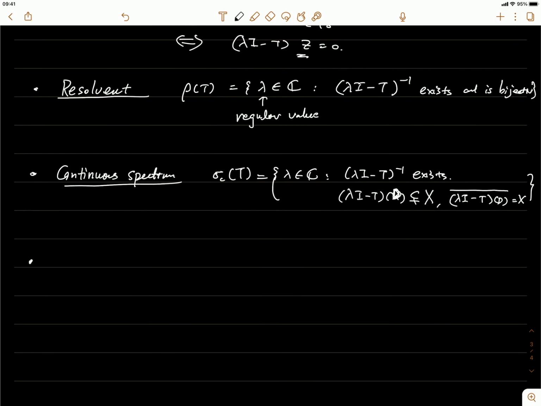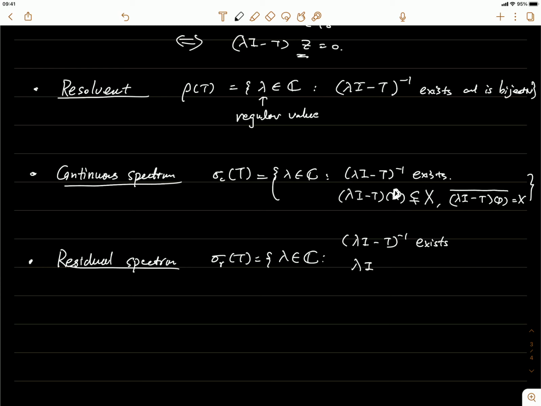There's also a case we call the residual spectrum, so here we have sigma r of T, and again it's a collection of complex values where lambda I minus T is invertible, meaning lambda I minus T itself is injective, but in this case even the closure of the image of D under lambda I minus T is not equal to X. So it's a proper subset of X. That's the last case.